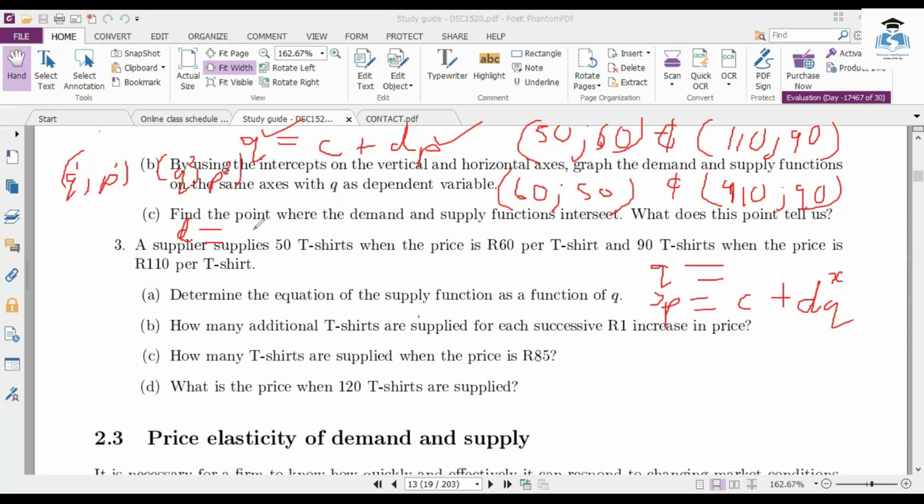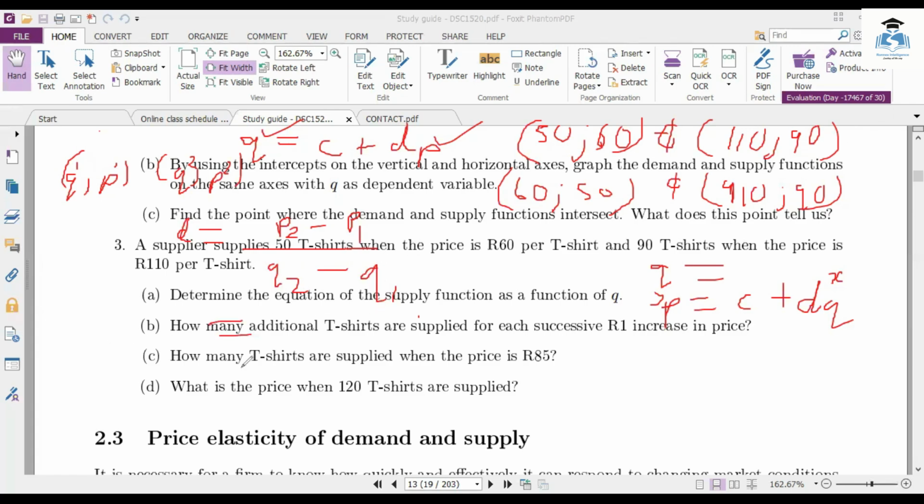Our D will be equal to change in Y over change in X. Our change in Y in this case will be P, so we say P2 minus P1 over Q2 minus Q1.